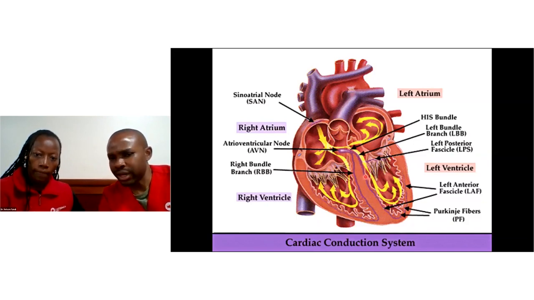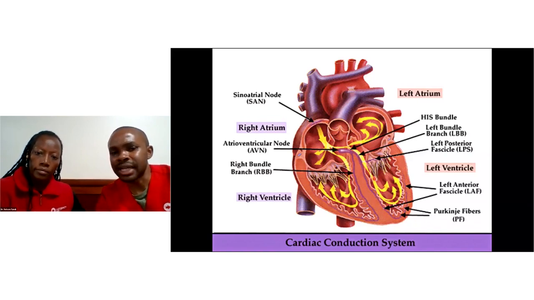I think at this point, it's useful to mention that we have this muscle right here, this whole muscle that you're seeing here. And this is what we call the interventricular septum. And for the depolarization of this interventricular septum, it usually comes from the left bundle branch.